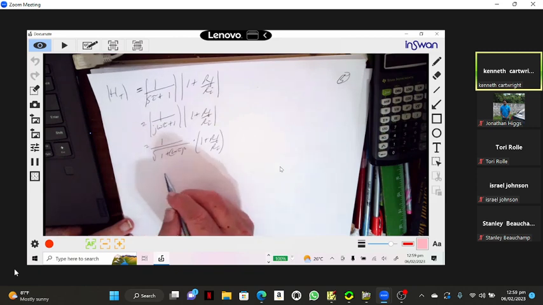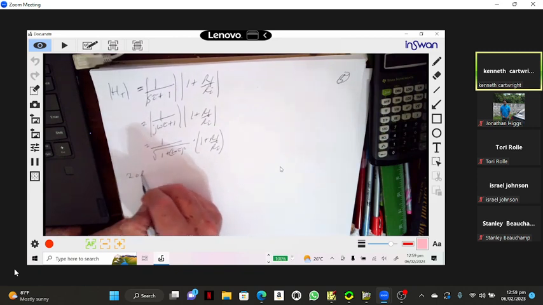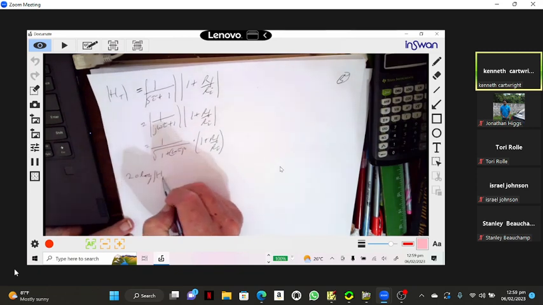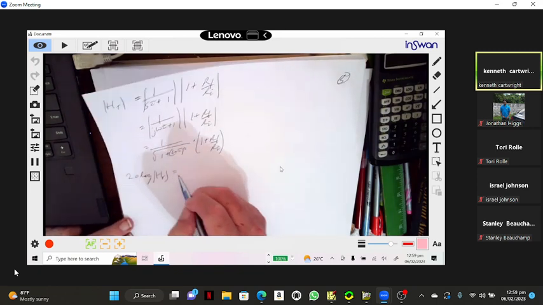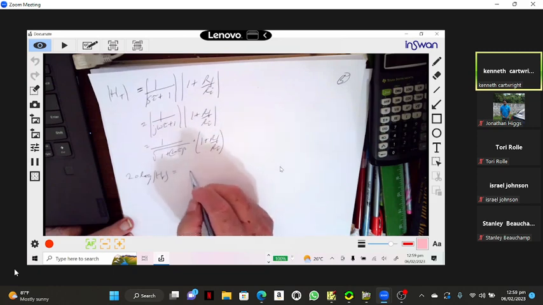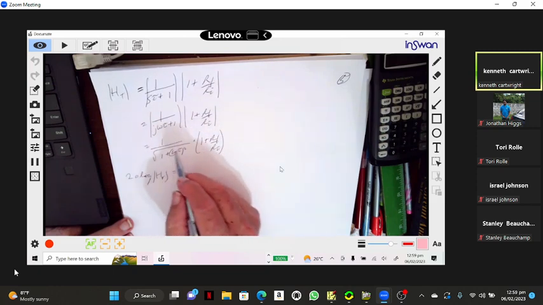And in terms of dB, 20 log the magnitude of H equals 20 log of all this. And the log of a product is the sum of the logs.